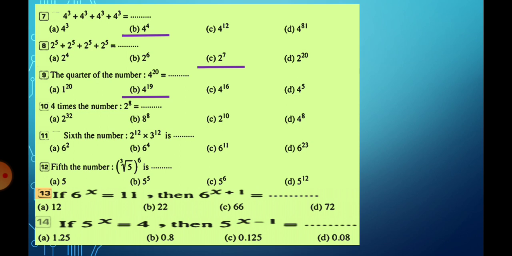4 times 2 to the power 8. 4 means 2 to the power 2. Then we can write 2 to the power 2 times 2 to the power 8 equals 2 to the power 10.